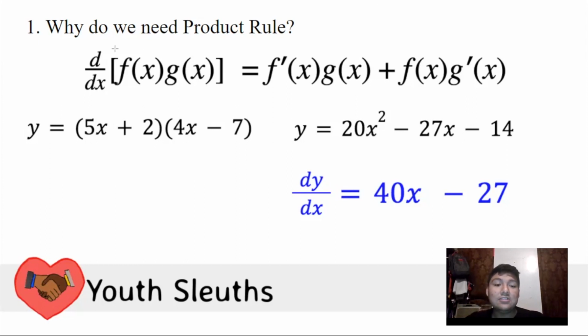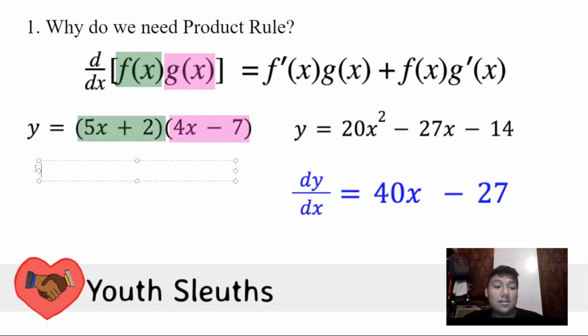Now the main thing to notice is that we have two functions being multiplied by each other. That's how we know when to use a product rule. In our example, we can see that we have 4x minus 7, and we have 5x plus 2.